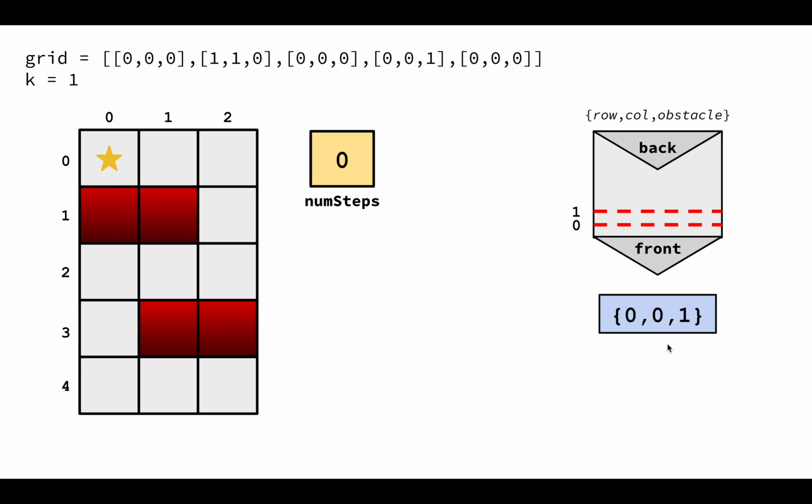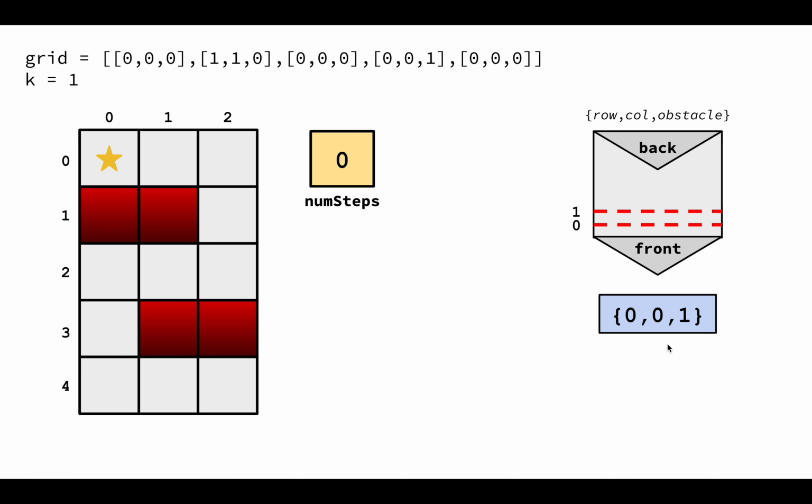And the way we can check is we'll see that we have a barrier here. And so in order for us to actually be able to walk down to this square, we need to make sure we can eliminate the barrier, which will require us to have some sort of obstacle elimination left. And remember that we store the number of obstacles that we can eliminate here.